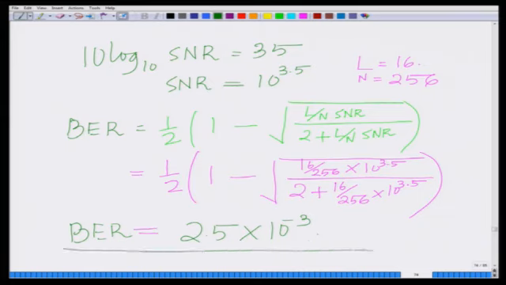So, for this example, using the relation that we have derived for the bit error rate, we have shown that the bit error rate of this system is 2.5 into 10 to the power of minus 3. We have considered in this module the noise at the receiver, which we had previously ignored.